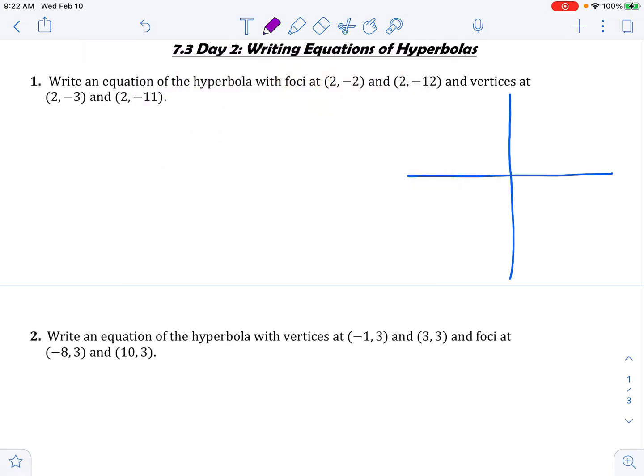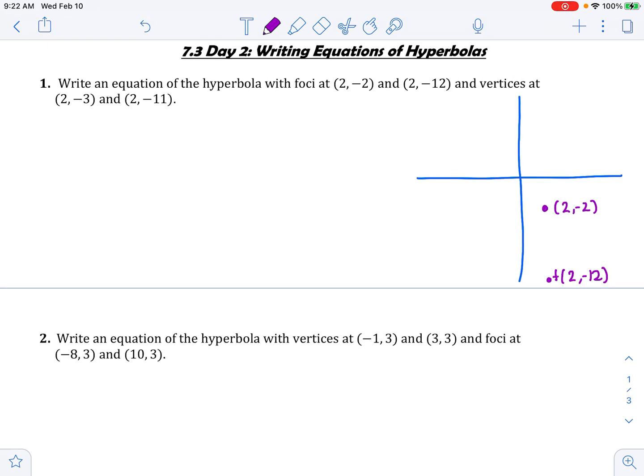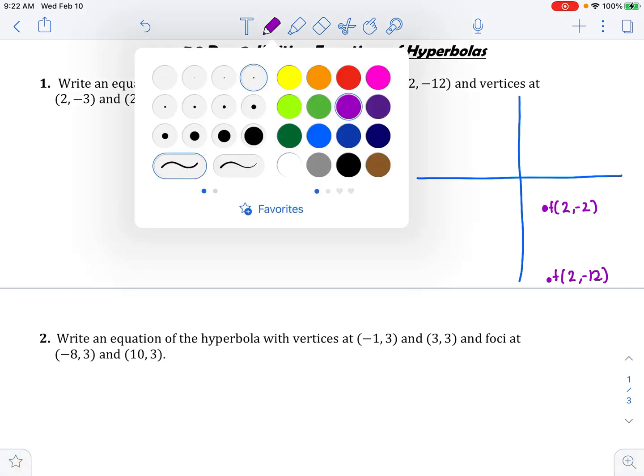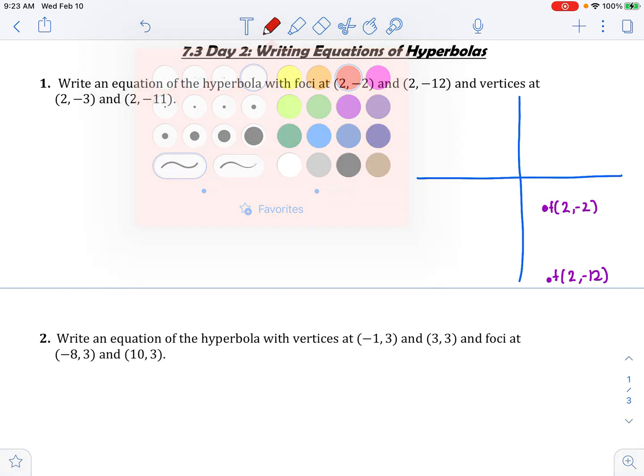Okay, my foci are at (2, -2), so write 2 down 2, (2, -2), and (2, -12). So down here. And I'm going to put an F there so I remember that it's the foci.